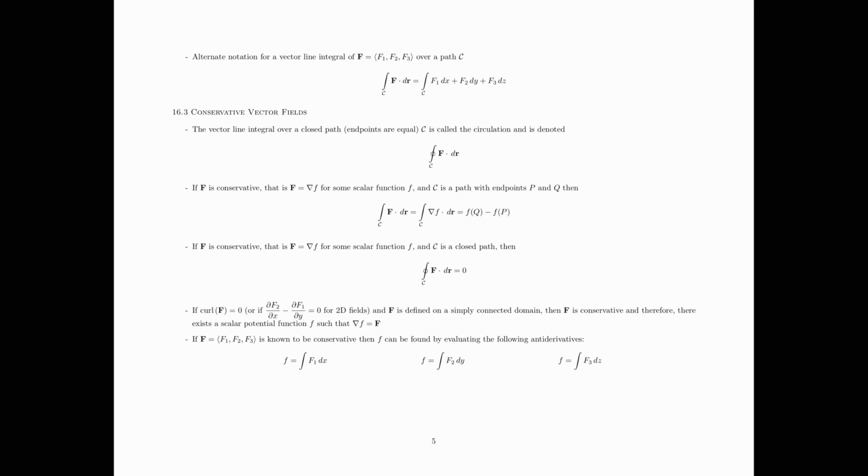There is an alternate notation for vector line integrals. So, using the exact same setup as we had on the other page, if our vector field has components f1, f2, and f3, we can go ahead and write this in this format here.